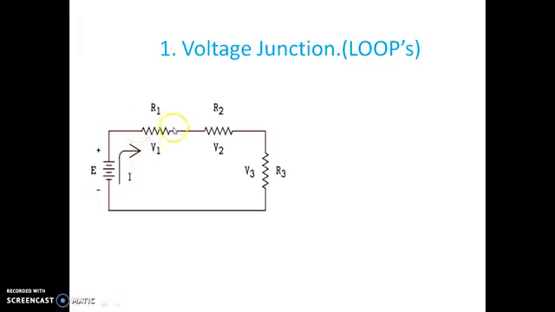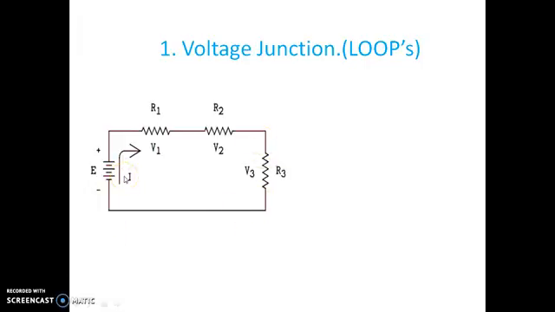The voltage across resistor R1 is V1, across resistor R2 is V2, and across resistor R3 is V3. In this circuit, there is one common element, the current I, which flows continuously through the circuit.